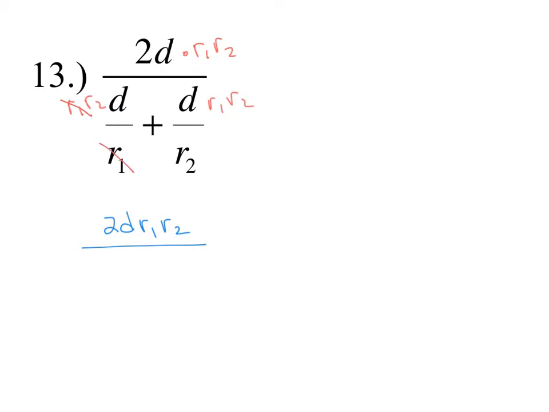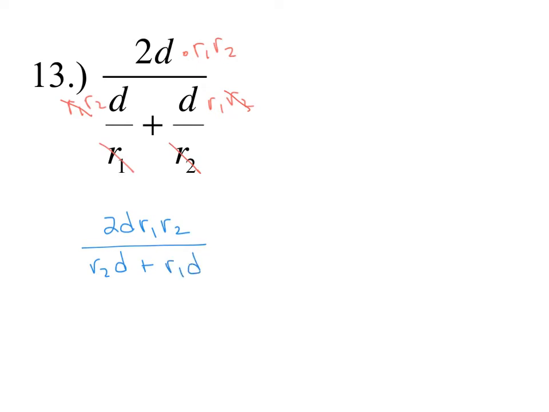And that will leave you with r2 times d plus, and then in the lower right fraction, our common factor that cancels out is r2 divided by the r2. And that will leave you with r1 times d.